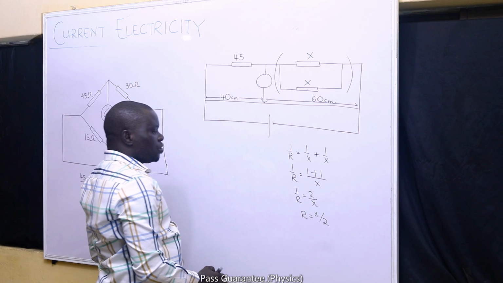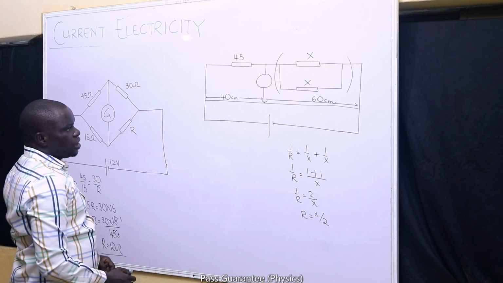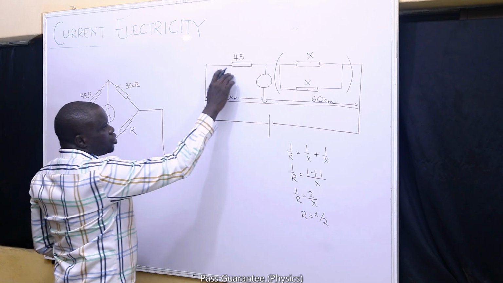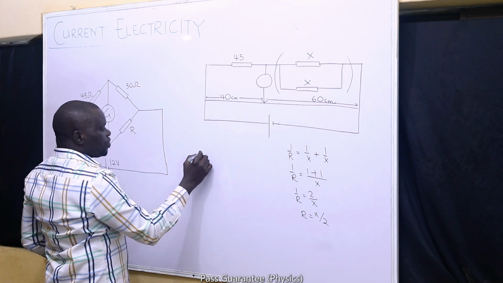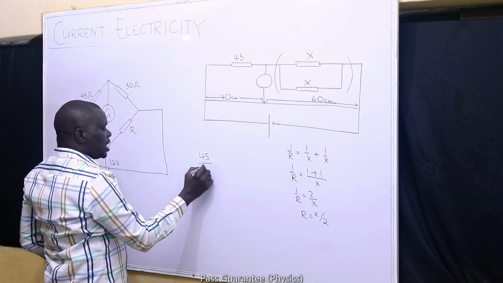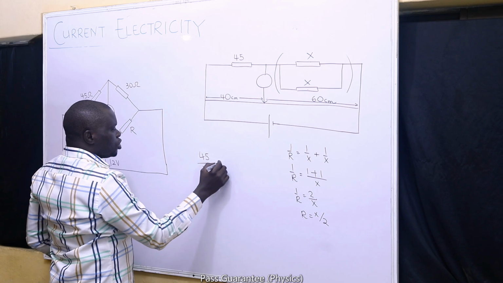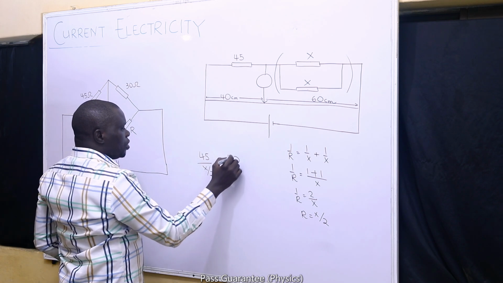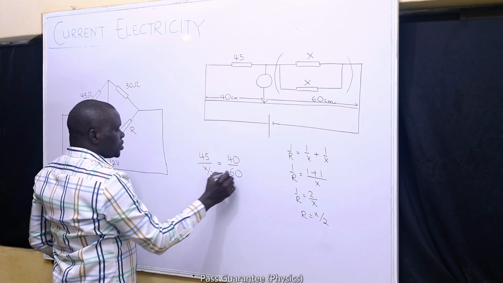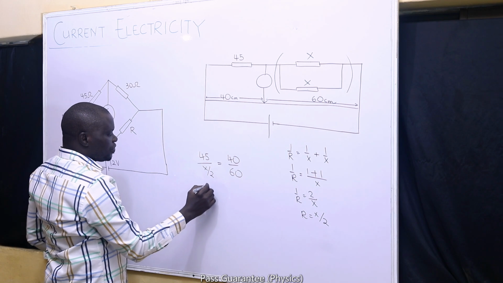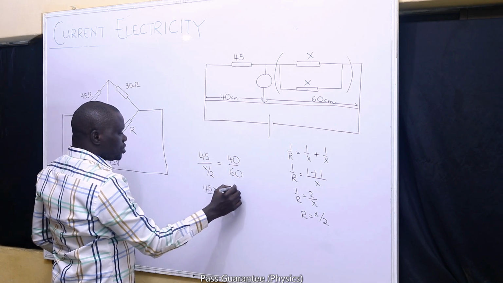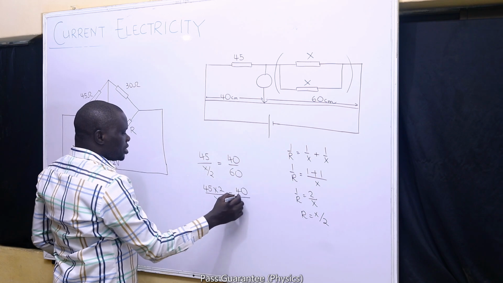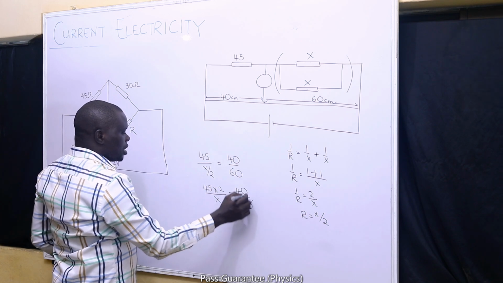If R is equal to X all over 2, then I can now do the ratio of the resistances must be equal to the ratio of the length. That means 45 divided by X all over 2 must be equal to 40 all over 60. If we do that, we have 45 times 2 all over X is equal to 40 all over 60. 0 cancels out 0.